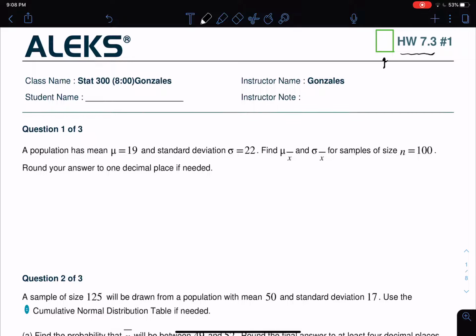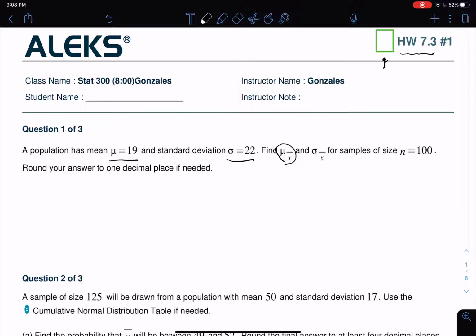All right, number one. A population has a population mean of 19 and a standard deviation of 22. They want us to find the mean of the sample means. Well, we know some formulas, don't we?